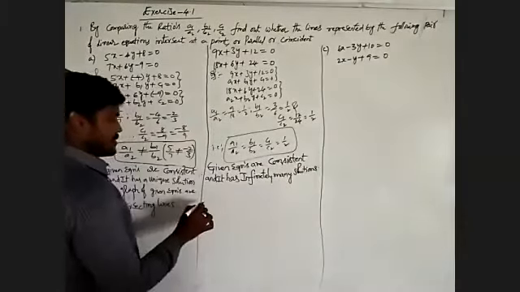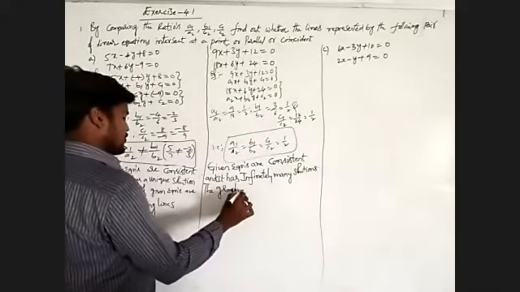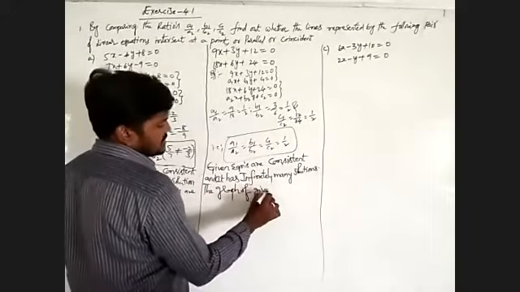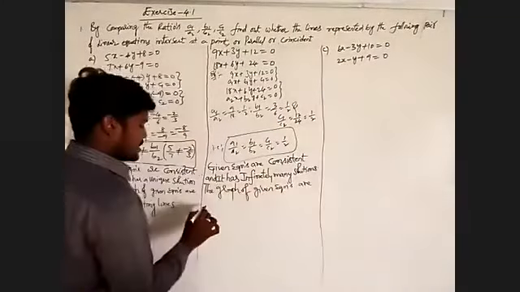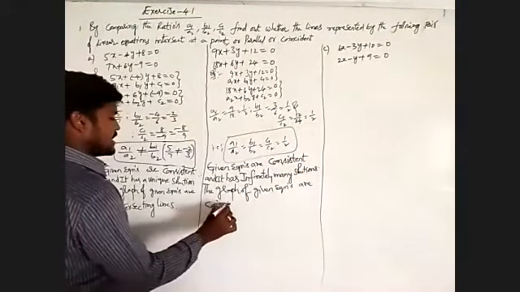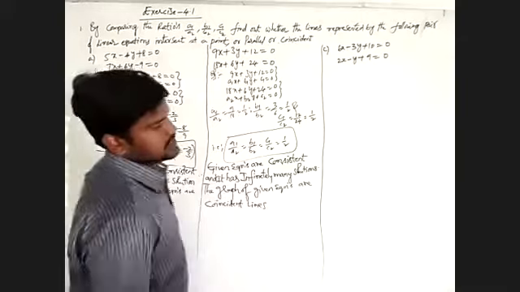And the graph of the given equations are coincident lines. Coincident lines, this is asked in this given problem.